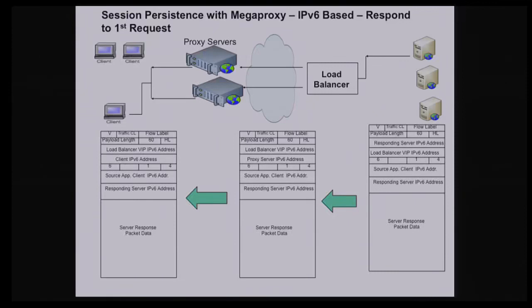Then the load balancer is going to forward that to the proxy server and then back to the client. When the client receives the packet, that packet has the LBSP option data field. It has the address of the responding server's V6 address.